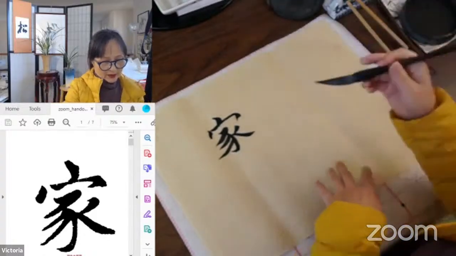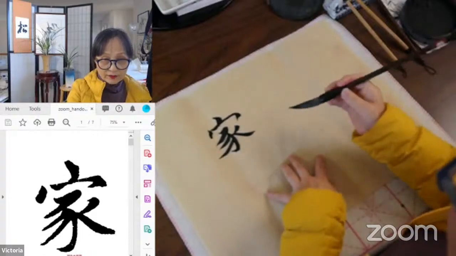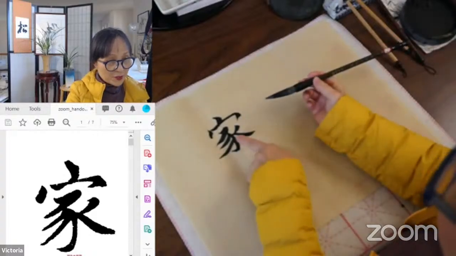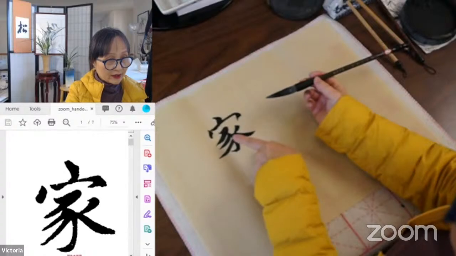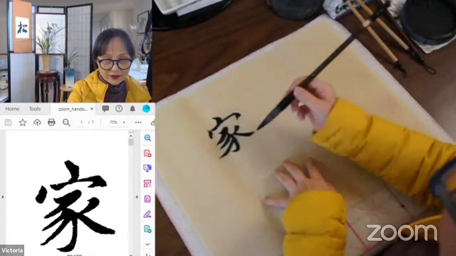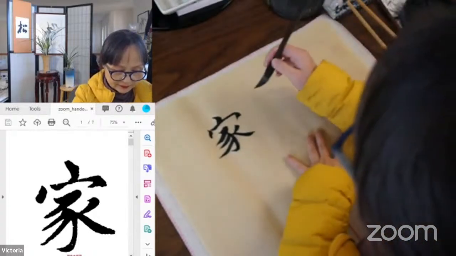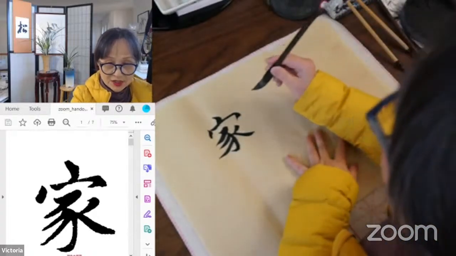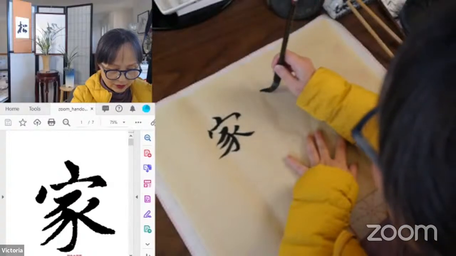Okay, and I try to do better on this part. Look at the sample, look at my demo. Here it's too spacey, not very even under the roof.